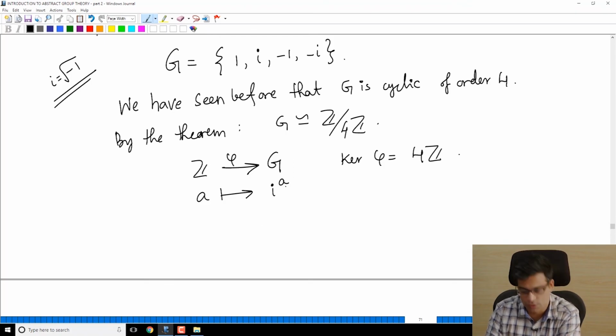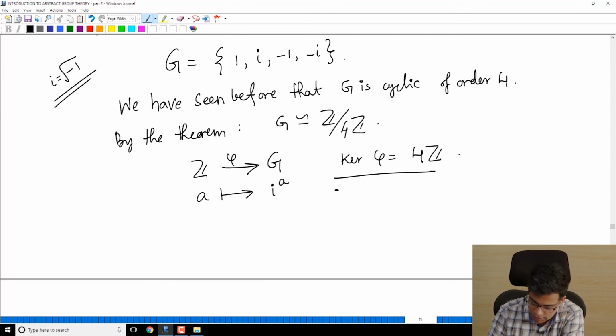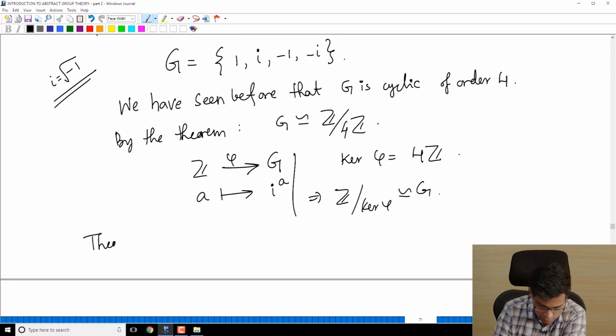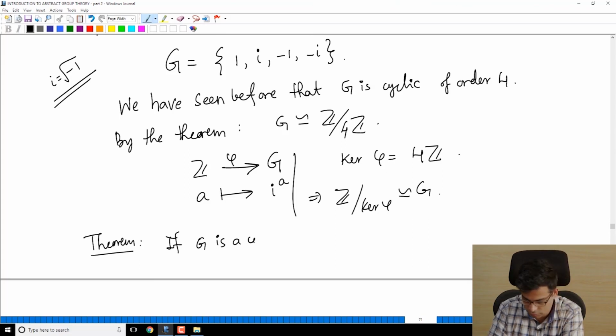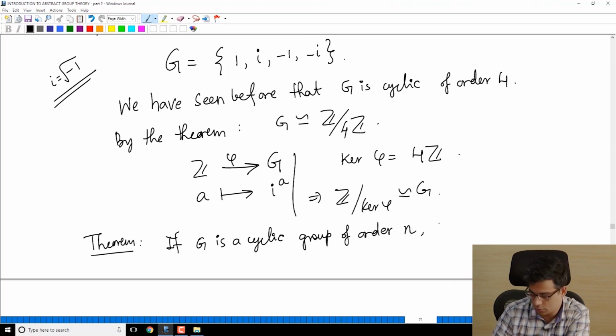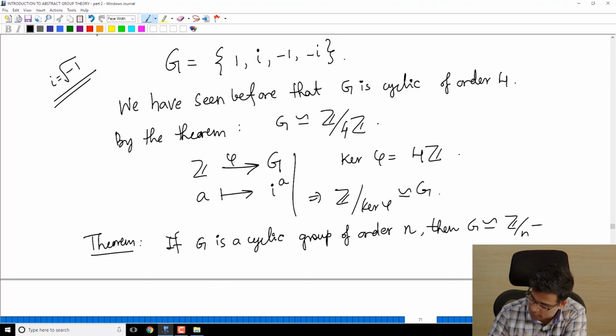So i to the power 4 is 1, i to the power 8 is 1, i to the power minus 4 is 1, and so on. So the theorem, written in a more precise fashion, is: if G is a cyclic group of order n, then G is isomorphic to Z mod nZ.